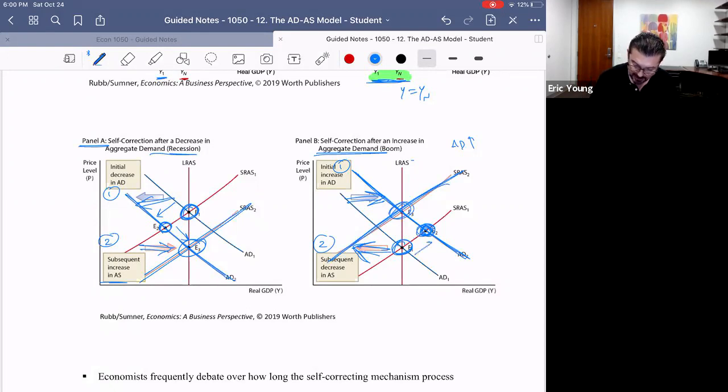So we would have here step 1 and then a self-adjusting step 2. Notice in this self-correction mechanism, I got too excited there.